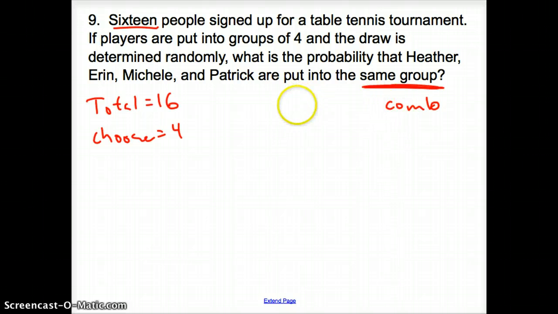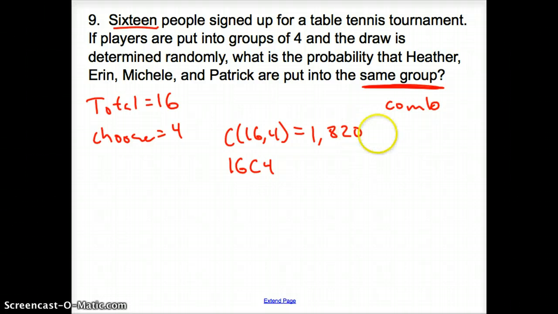So how many different groups can we have? We can go 16 choose 4, but our book writes it like this. So we have 1,820 different groups that we can possibly have. Now, with 1,820 groups, how many groups can Heather, Aaron, Michelle, and Patrick be put into? There is only one possible way for them to be put in a group, right?